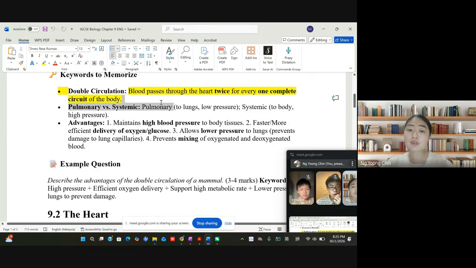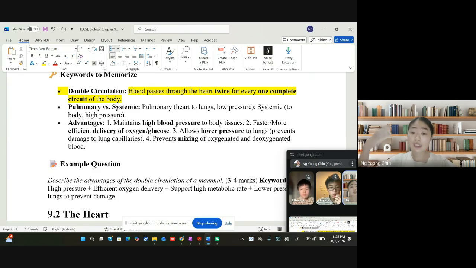Pulmonary, from the heart, transports the blood to the lungs under very low pressure. For the systemic, from the heart, it transports the blood to all parts of the body under very high pressure. And they like to ask about this kind of question.